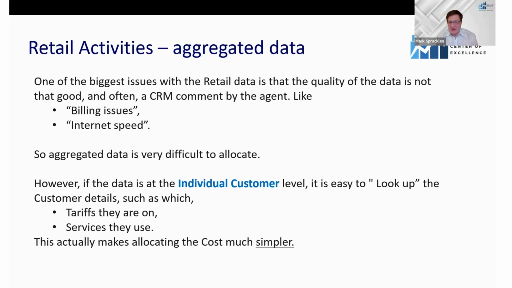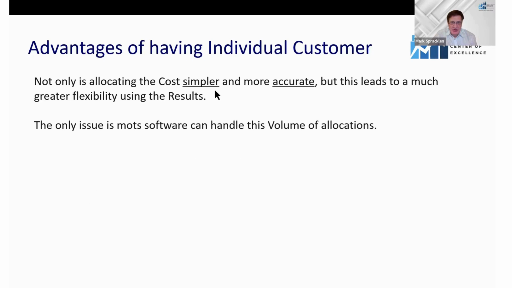And then I think a lot of these systems will be more accurate. Yeah, so I just mentioned that, but actually there are big advantages of having the data at the individual customer level if the costing solutions can actually deal with that level of detail.